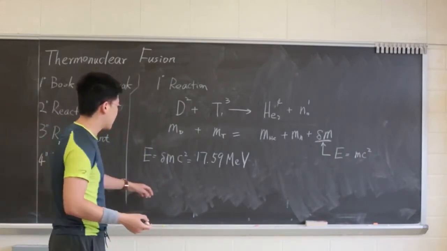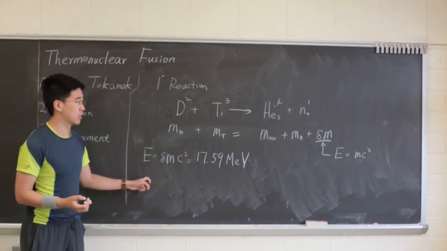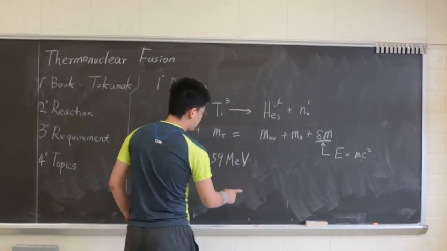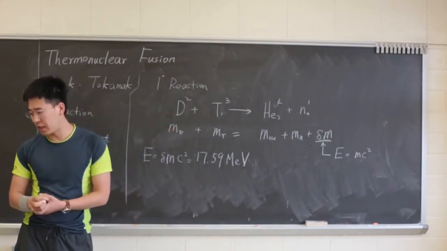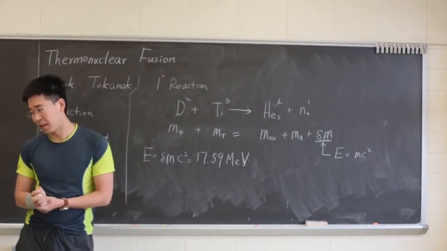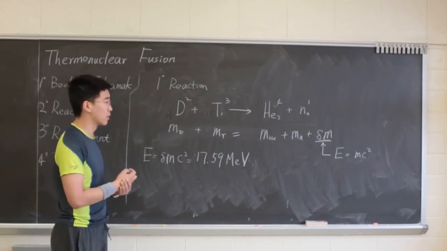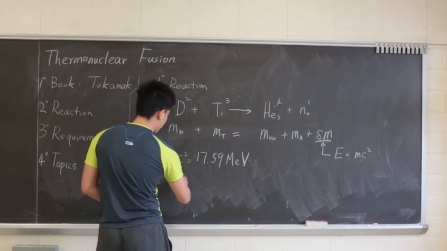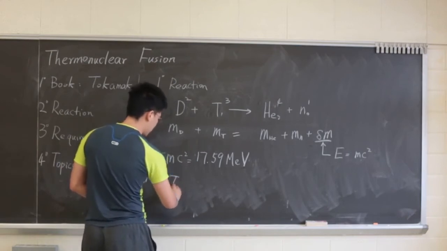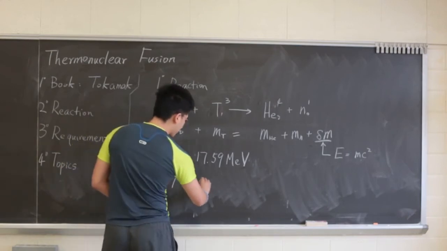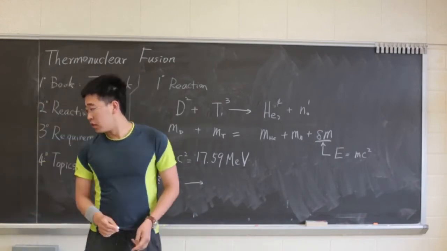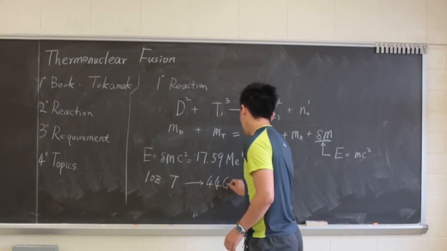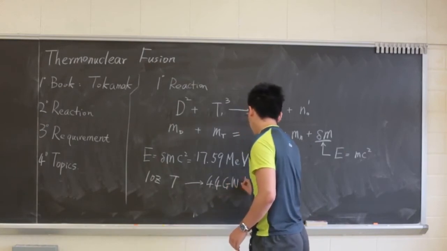It's kind of hard to understand from this perspective, so I can give you a more commonly understood way, though it might not be really realistic. I don't know. 1 ounce of tritium, then you can get 4.4 gigawatt hours of energy.